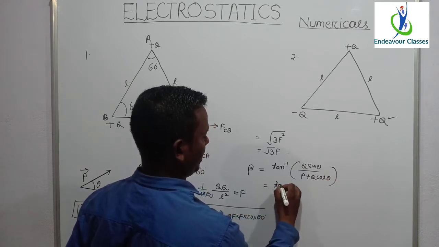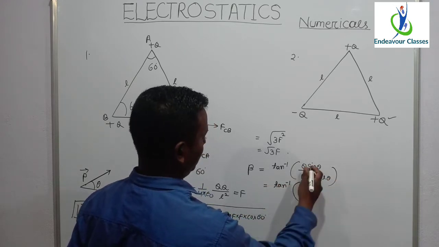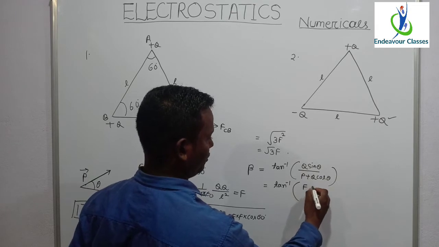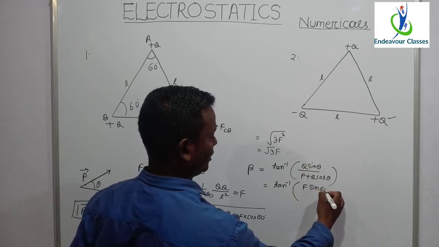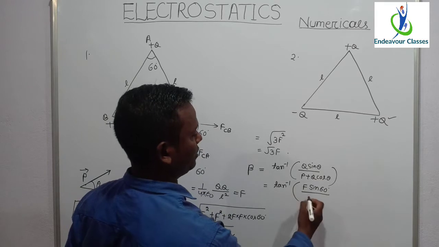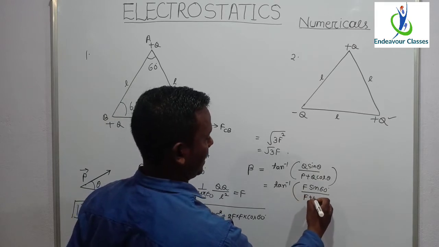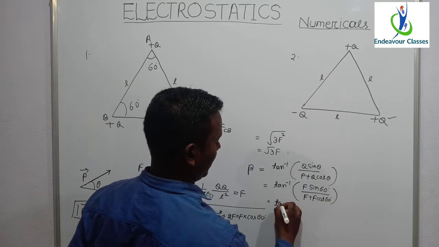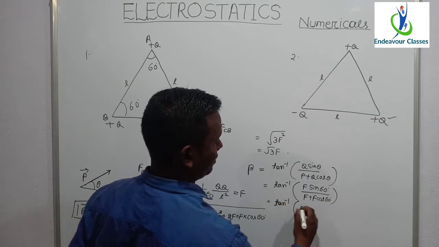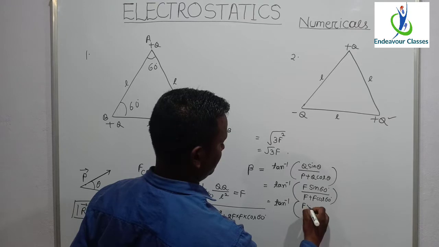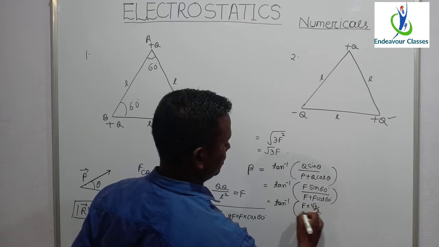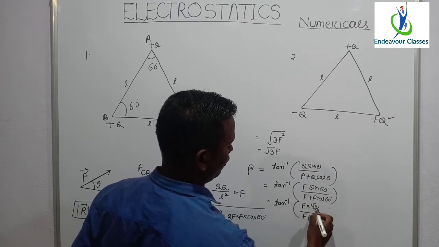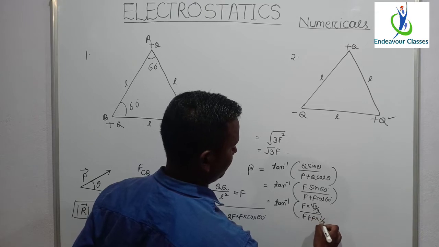So that will be equal to tan inverse, in place of P and Q we will put F, so it will be F sin 60 degree because the angle is 60, divided by F plus F cos 60 degree. So that will be equal to tan inverse F sin 60 is root 3 by 2, divided by F plus F cos 60 is 1 by 2.